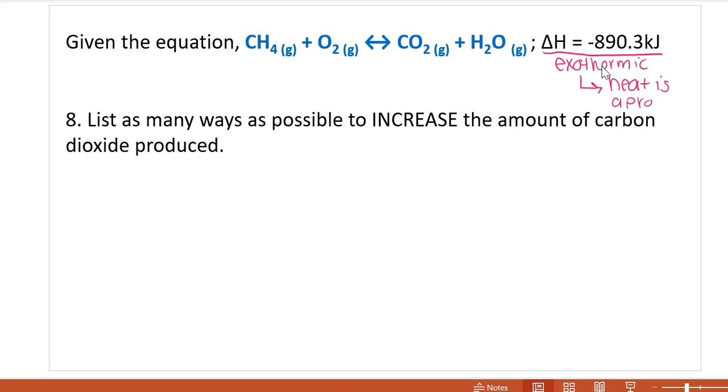So we can think of heat like a product. Hopefully we can identify this as a combustion reaction. I have my combustible material plus oxygen producing carbon dioxide, water, and it's releasing heat.